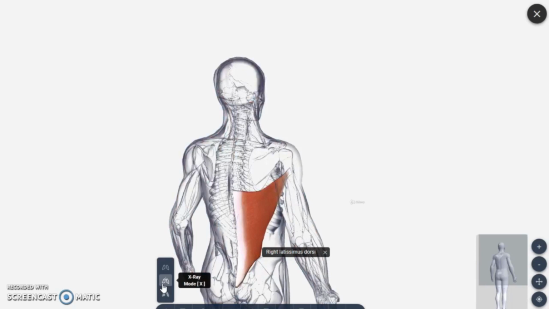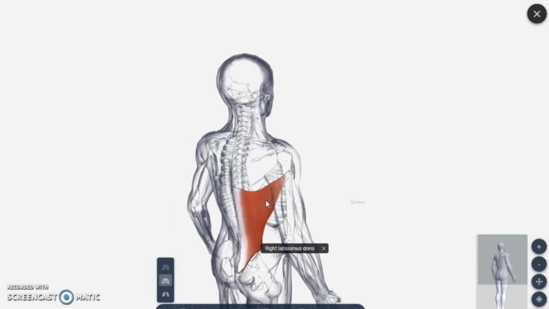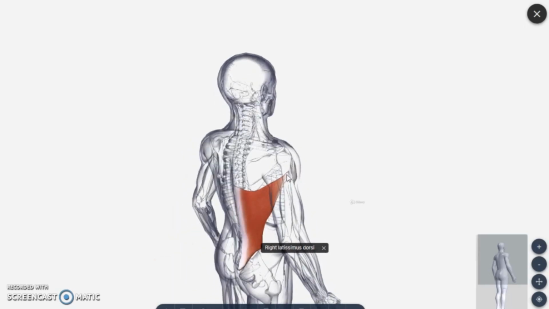So this is the latissimus dorsi: origin from the medial aspect, and also some fibers from the scapula's lower part, later inserting into the floor of the intertubercular sulcus of the humerus. That's all about latissimus dorsi you have to know. So in the superficial layer of back muscles, above we have trapezius, and below we have latissimus dorsi. The muscle you are seeing here is latissimus dorsi.